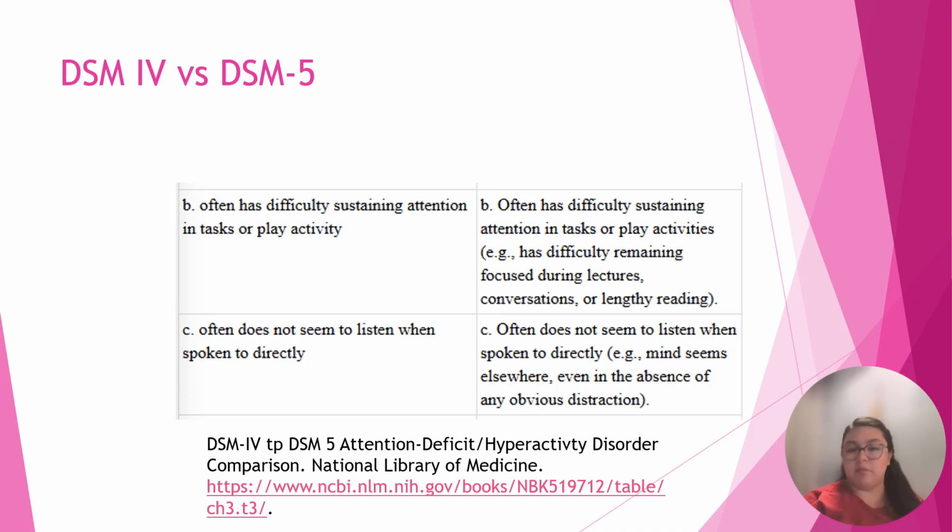And here it gives an example: difficulty remaining focused during lectures, conversation, or lengthy reading. So I see more insight and examples. Often does not seem to listen when spoken to directly. So here we're having more insight on what this could look like.